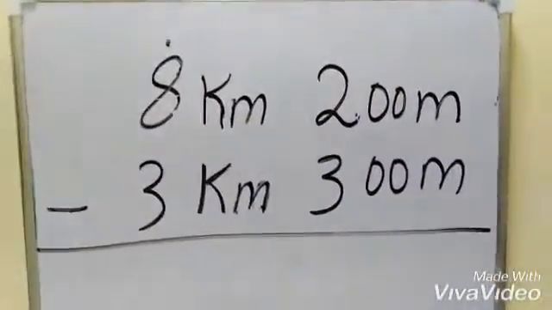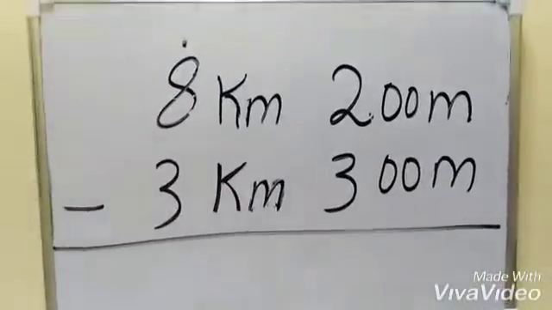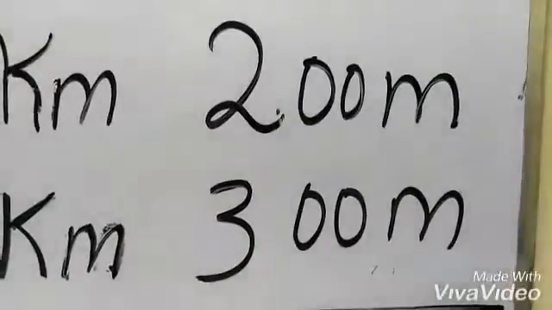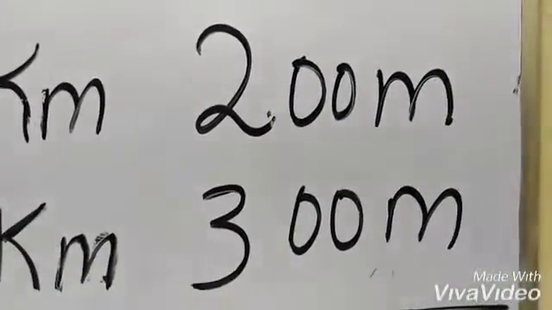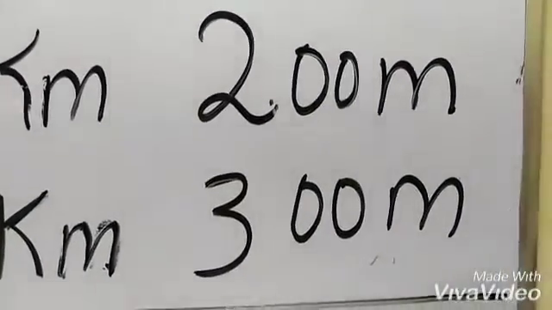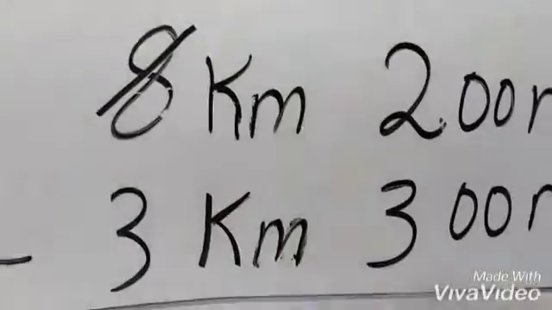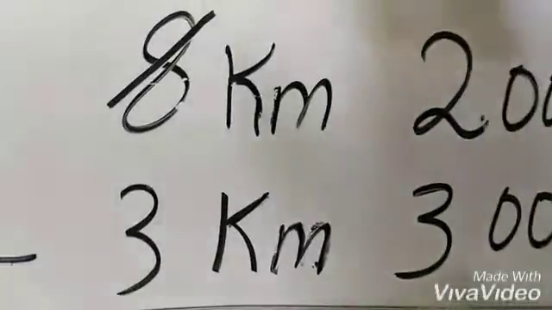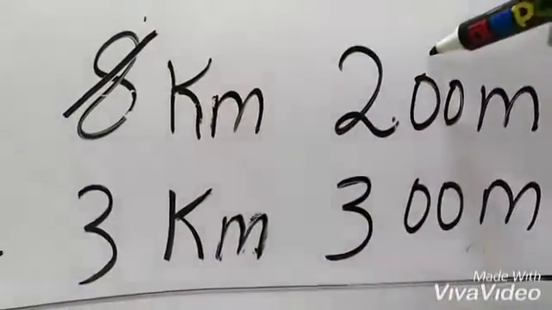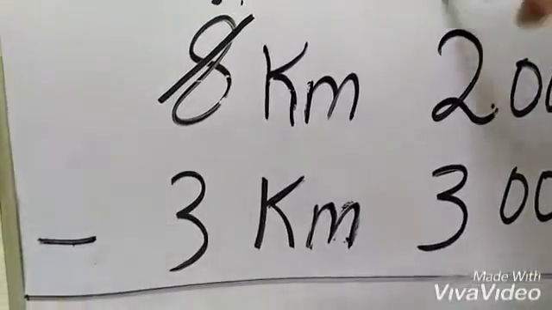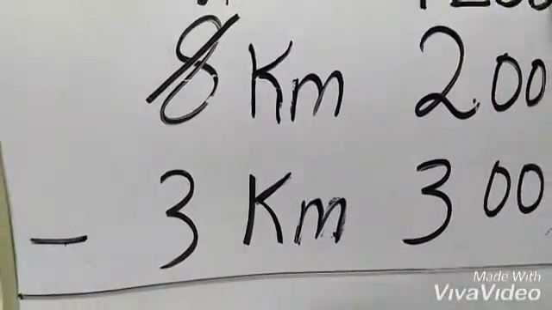Now what if you have 8 kilometers, 200 meters, minus 3 kilometers and 300 meters? Try to subtract the meters first. You will find that 200 meters is less than 300 meters. So we have to regroup the kilometers and the meters into 7 kilometers and 1200 meters.